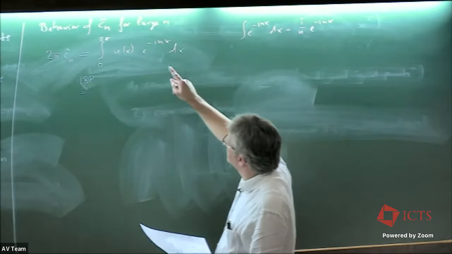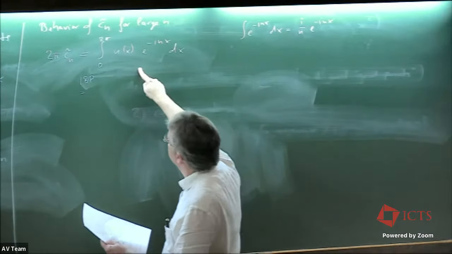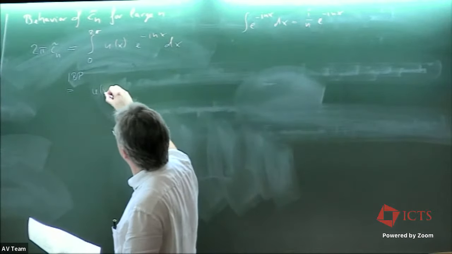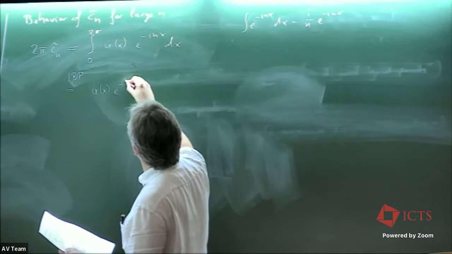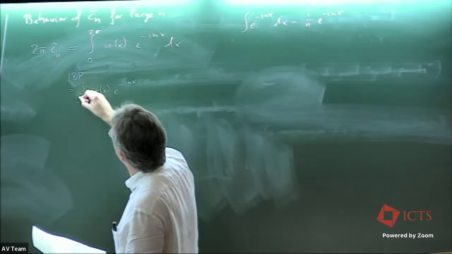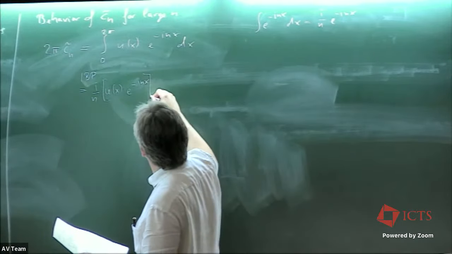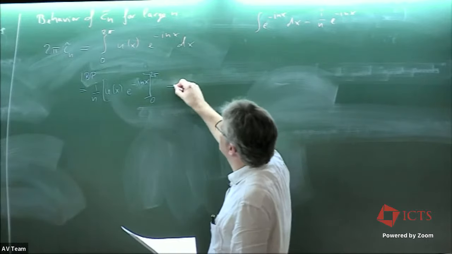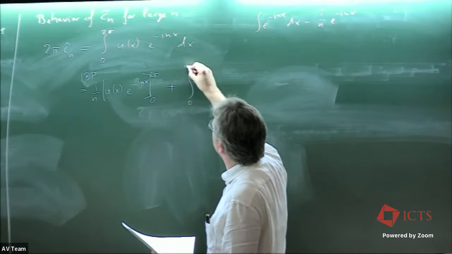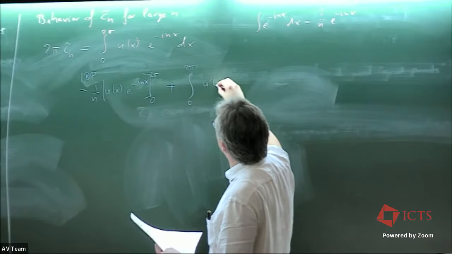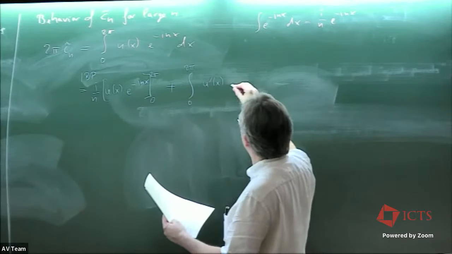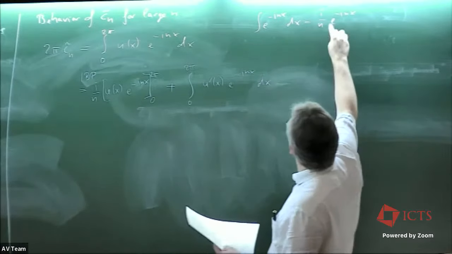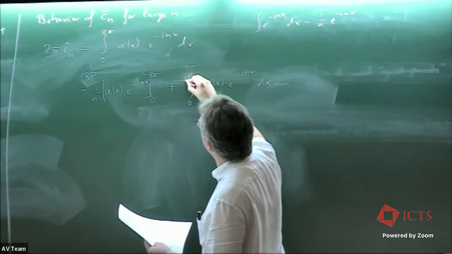And so if we integrate by parts, we get this thing times u, e to the minus inx, i over n, from 0 to 2 pi. And we get the derivative on the other side. We get a u prime of x times e to the minus inx dx. And I have the i over n sitting here in front.